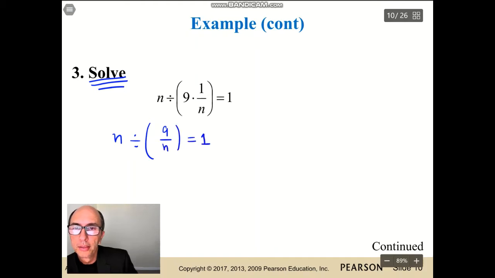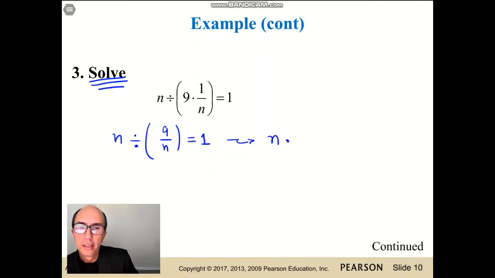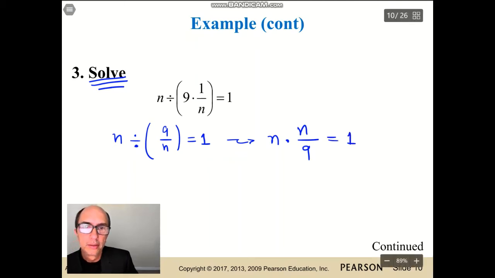Equals 1. And when you're dividing by a fraction, by a rational expression, it is equivalent to multiplication by the reciprocal. You invert the next one, n over 9. So this kind of multiplication equals 1.